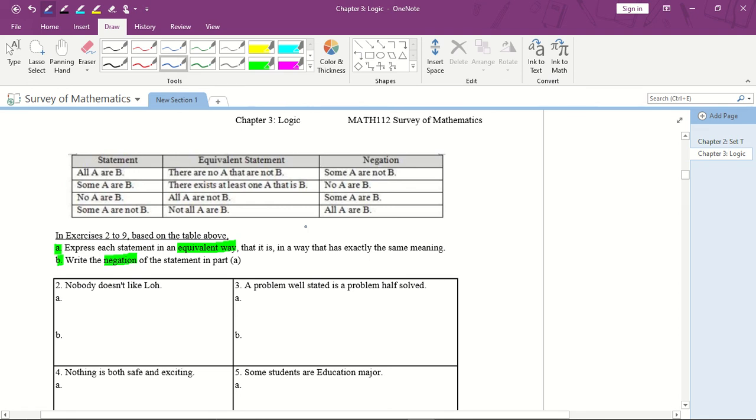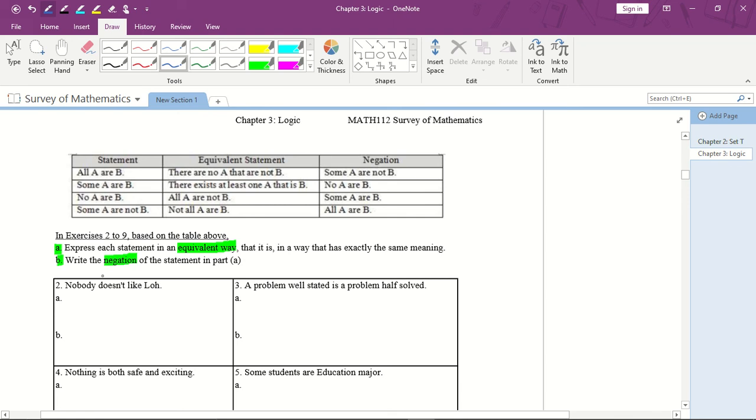Okay, 10 minutes start from now. You can kindly pause the video to get yourself familiar with this table. If you're done, feel free to continue with me.